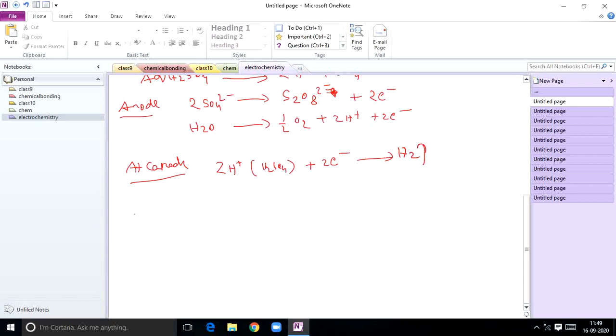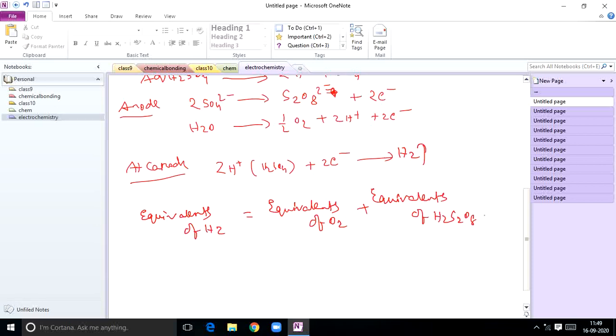So according to the law of equivalence, the number of equivalents of hydrogen is equal to the number of equivalents of oxygen plus the number of equivalents of H2S2O8.